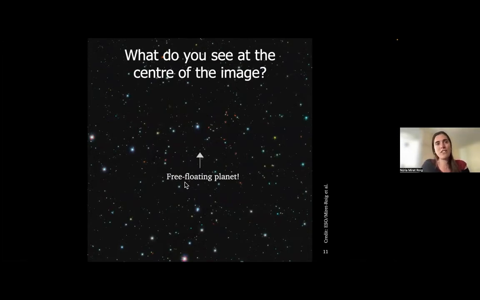So one of these free-floating planets that we have been able to detect. The reason why I show this image is that it is still astonishing to me that we now have the capability of detecting such a faint, red, tiny little dot. And not only this, but we are able to measure the proper motions with a precision sufficient to identify this object as co-moving with the rest of Upper Scorpius.